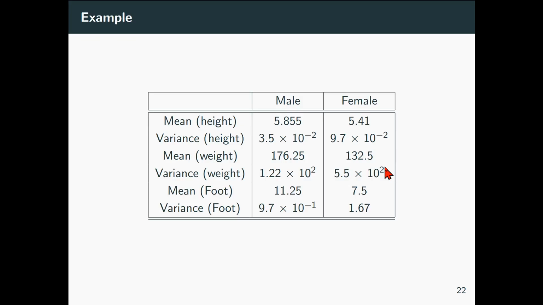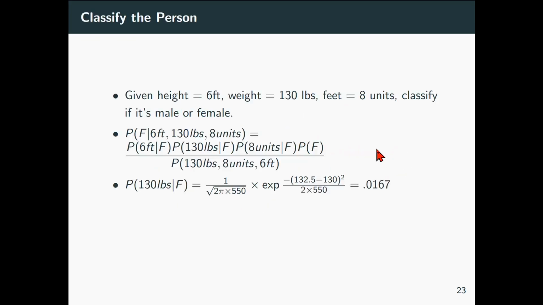You're trying to see what is the probability of an observation 130 from this particular normal distribution, which is just 1 over root 2 pi sigma squared times the exponential of minus the quantity x minus the mean, squared, divided by 2 sigma squared, where x is the test sample, which will turn out to be 0.0167.